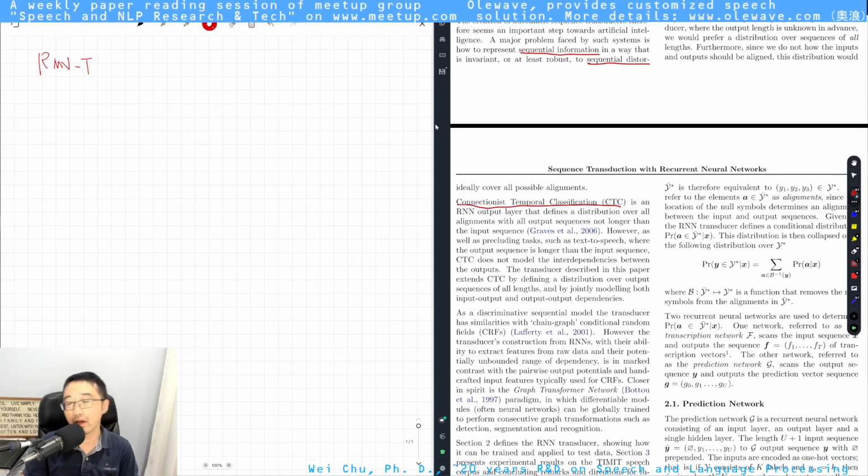So nowadays, everybody knows CTC. Computer vision people know CTC. NLP guys usually do not use CTC. Speech guys use CTC a lot.